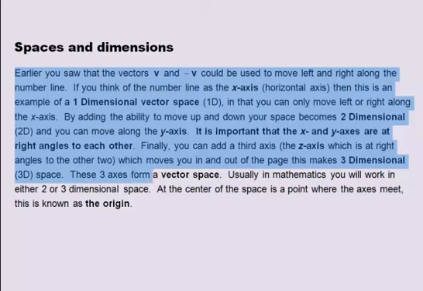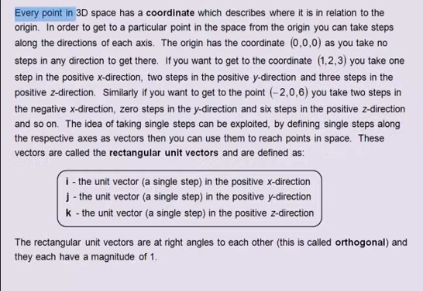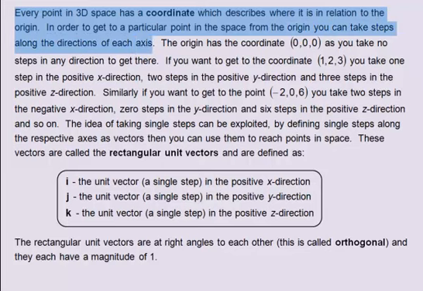These three axes form a vector space. Usually in mathematics you will work in either two or three-dimensional space. At the centre of the space is a point where the axes meet, and this is known as the origin. Every point in 3D space has a coordinate which describes where it is in relation to the origin. In order to get to a particular point in the space from the origin, you can take steps along the directions of each axis.